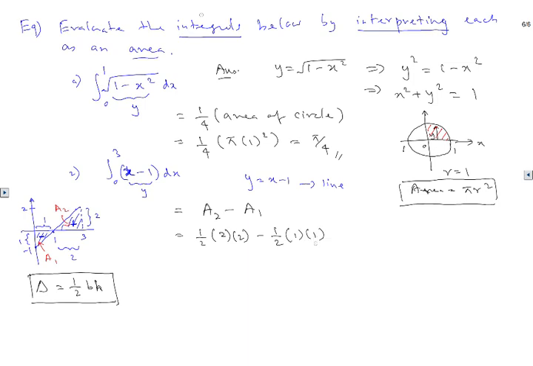We don't say -1 because we already put the negative sign. Okay, so how much do you get? 2 minus 1/2, which is 1.5. That's what you get for the integral.